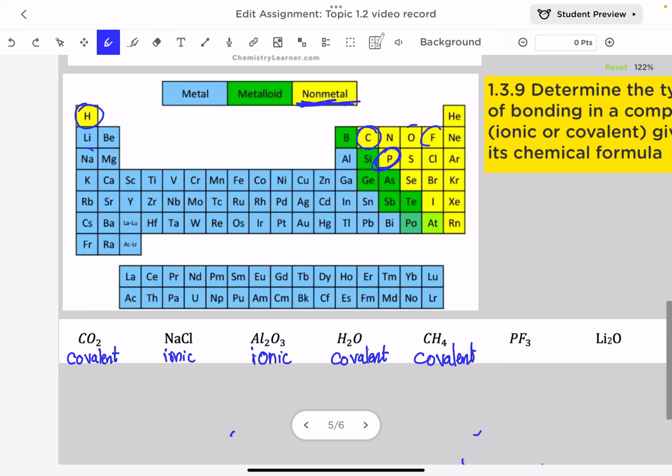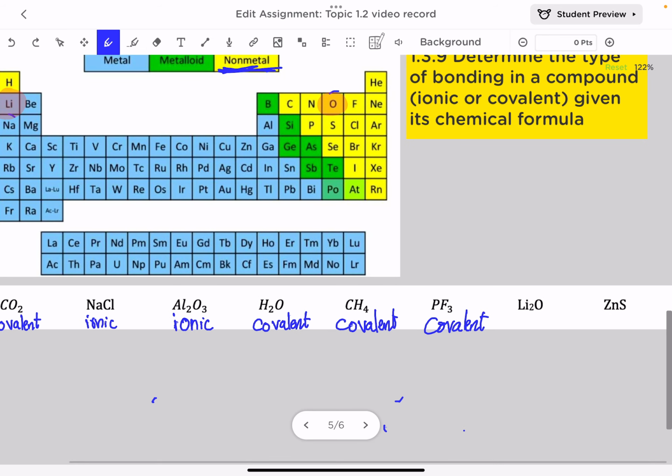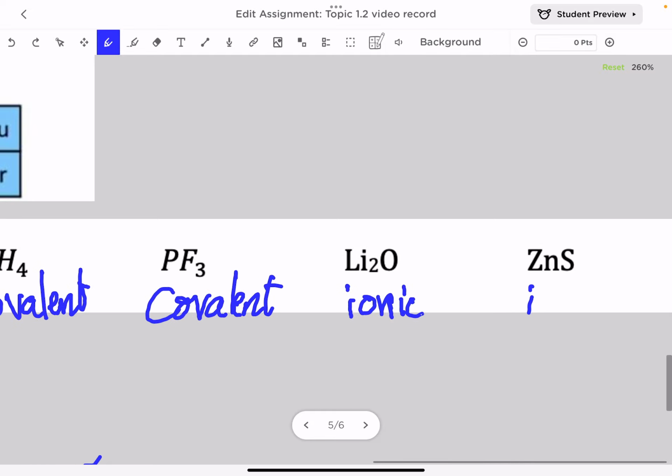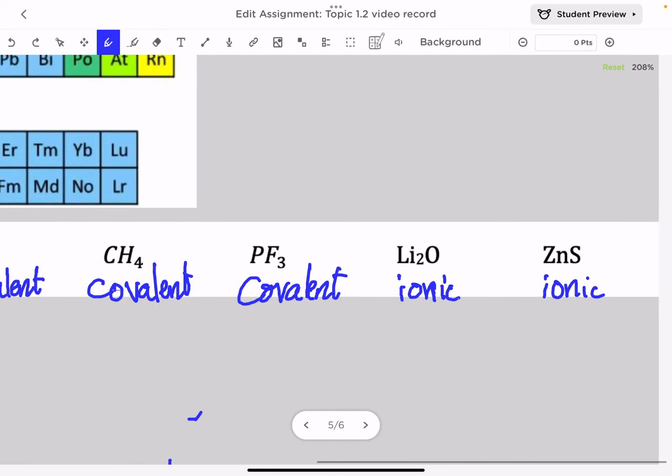P, F3, also covalent because both elements, the P and the F, are non-metals. Li and O, Li and oxygen. So one metal, one non-metal, that is ionic. Now zinc sulfide, Zn and S, metal and non-metal, so this is also ionic.